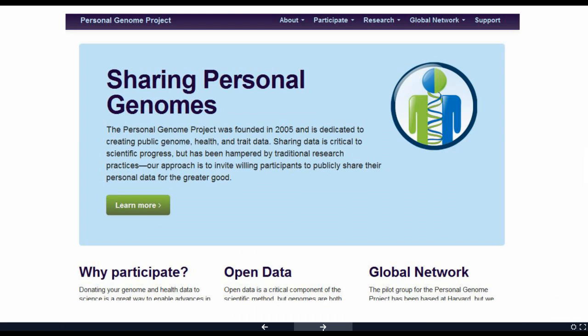There are other programs like this, the Personal Genome Project, and this is a public effort that Harvard is trying to do to gather millions and millions of personal genomes and start to create a database from which scientists and doctors can analyze specific diseases, specific genotypes, and try and make connections that maybe aren't obvious about who may be susceptible to certain genes.